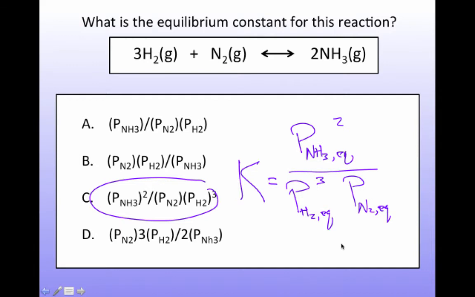But I'm going to be really lazy, and I'm just not going to write these little at equilibriums because it gets to be a pain. And so we're going to have to just remember that when we're talking about K, we're talking about equilibrium expressions, and when we're talking about Q, we're talking about instantaneous concentrations.